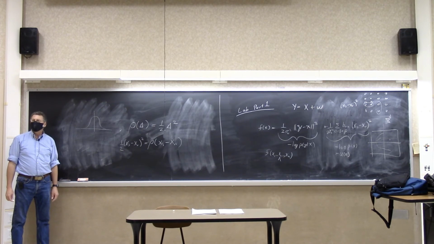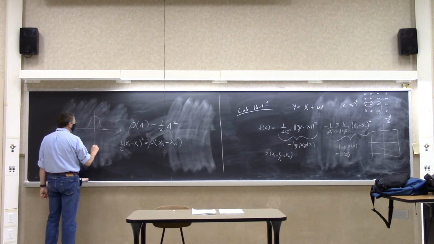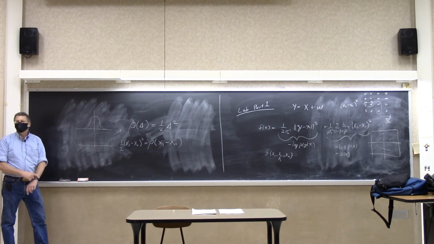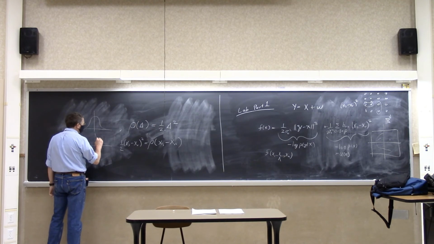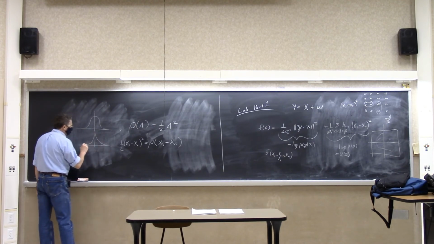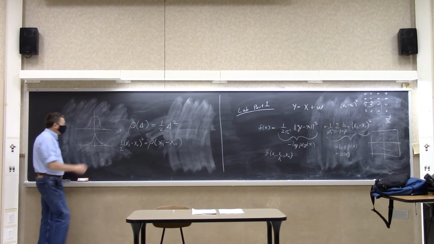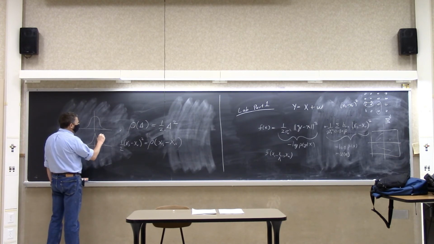Maybe there's a few pixels that have very large errors. If you actually take real natural images and look at the histogram of the differences between pixels, you'll get distributions that look much more like this. Typically, this is like bi-exponential, so it'll look like e to the minus delta.